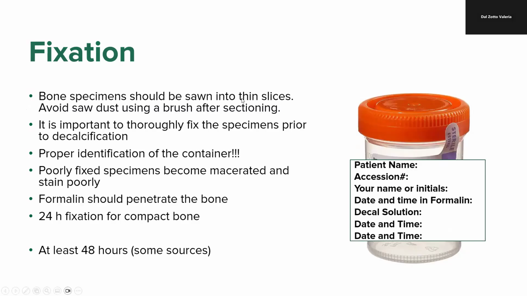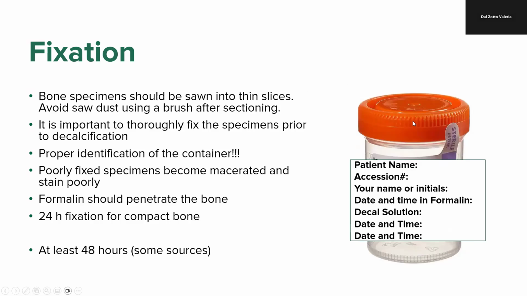After you obtain those thin slices of bone, it's important to fix the specimen prior to decalcification. Otherwise, if you throw the piece of bone inside the bucket with the decalcifying solution, you're going to macerate the tissue, and you're not going to be able to see any histologic details under the microscope.